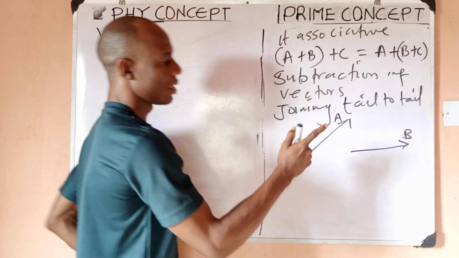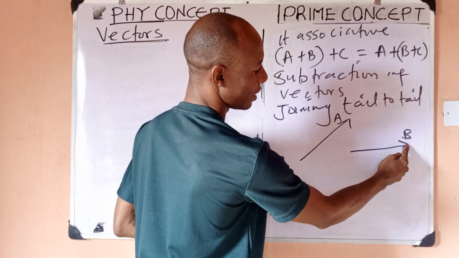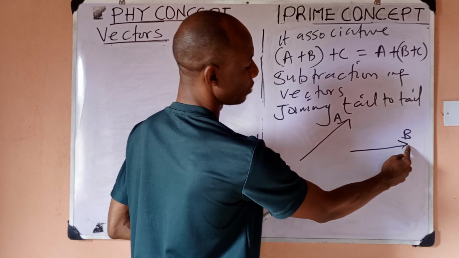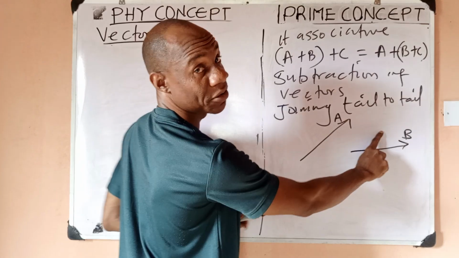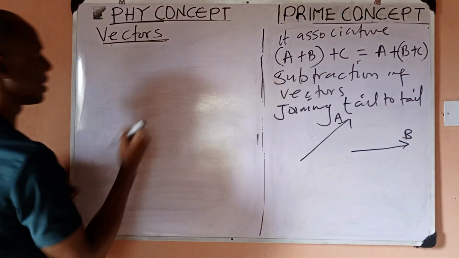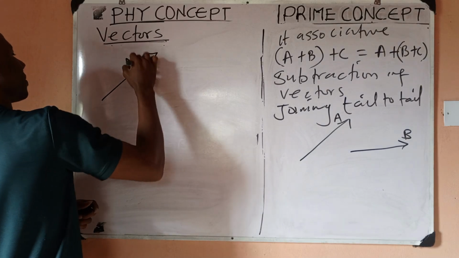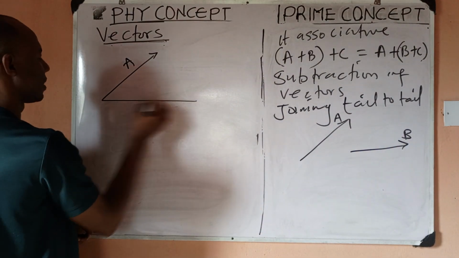Now, they can say you want to subtract B from A. So what you do is you join the head of B to the tail of A. And when you do that, it means that you have reversed B. You've reversed B, so you have it as negative. Now, this is my A. So if I join this to this, I would have something like this.